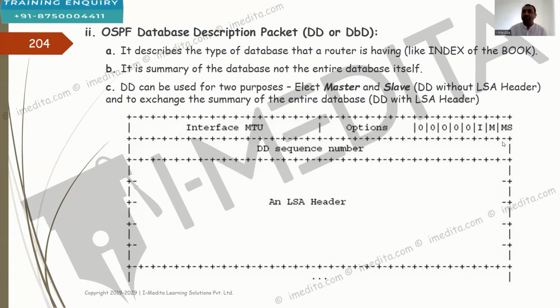If this router is working as a master, then the MS bit will be 1, else it will be 0. Then the DD sequence number is also there, which again plays a very important role. And then you have the LSA headers. As I said, DBDs contain only LSA headers, not the entire LSA. So this is DBD.